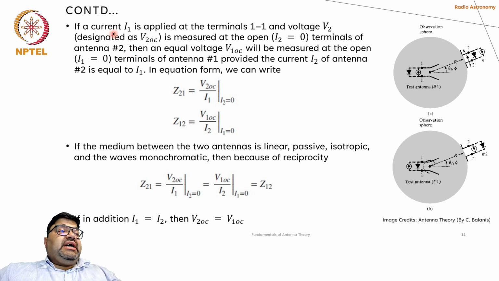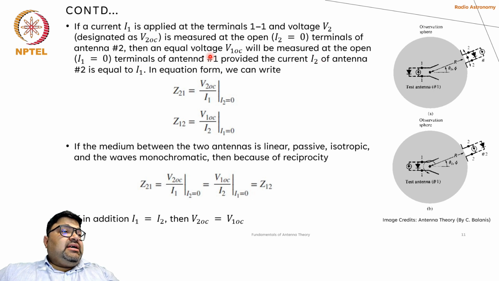So, I1 is the current flowing through antenna 1, and voltage V2 is measured across terminals 2-2, at the open terminals of antenna 2 where I2 equals 0.